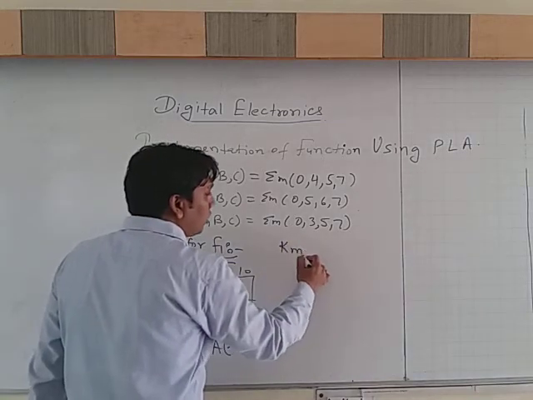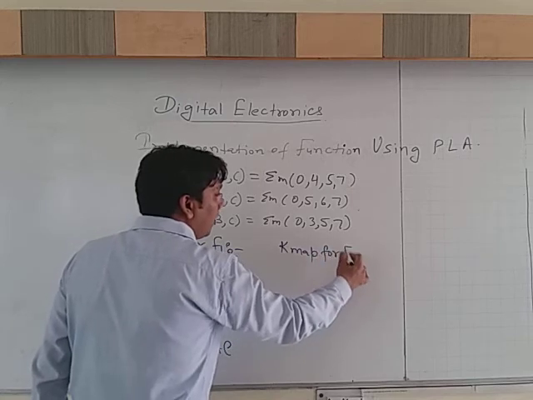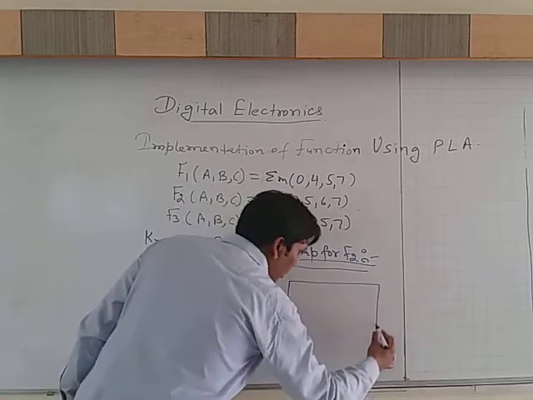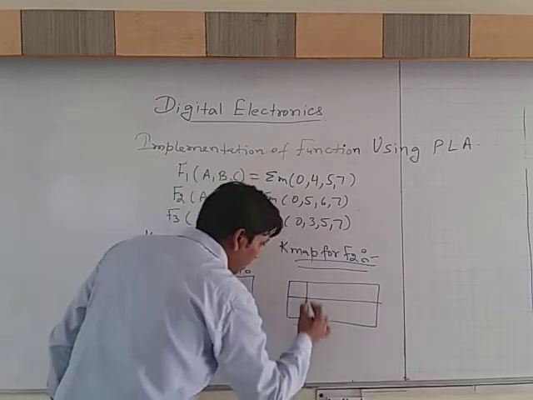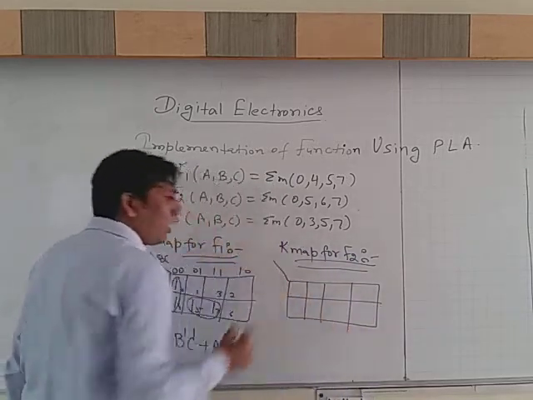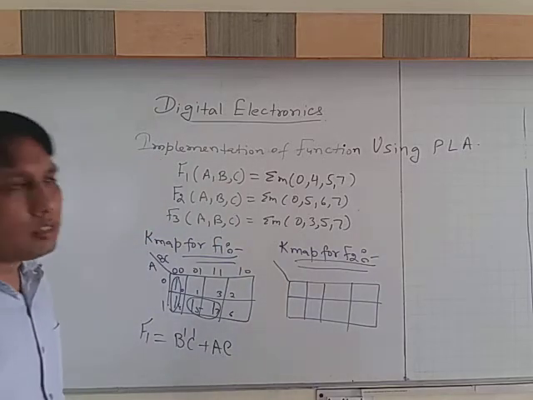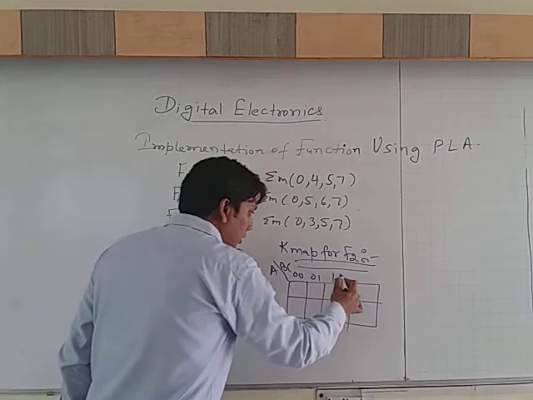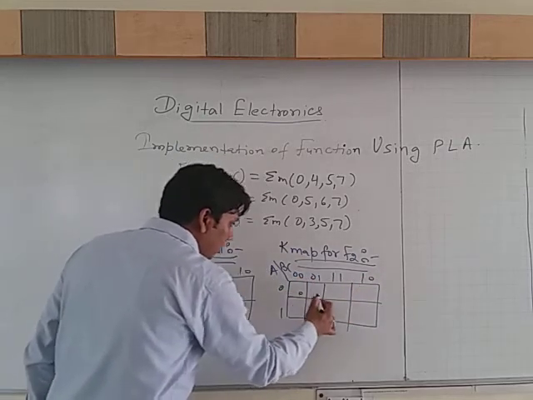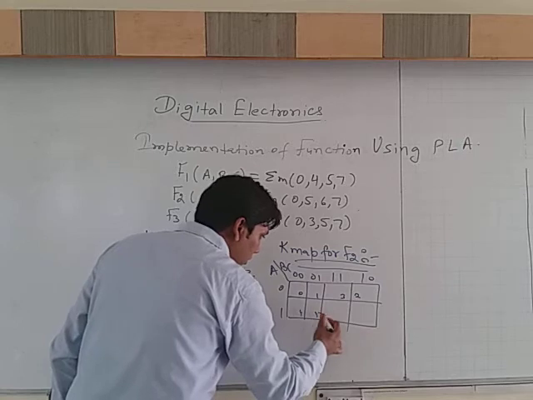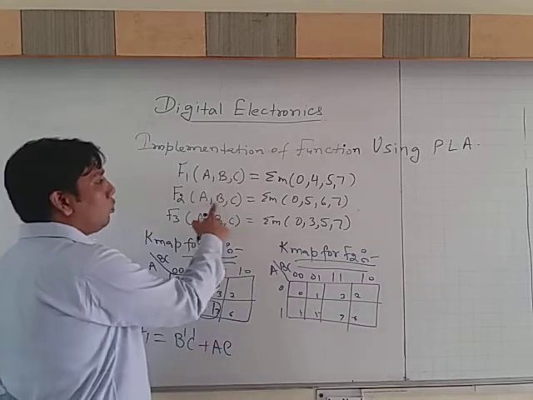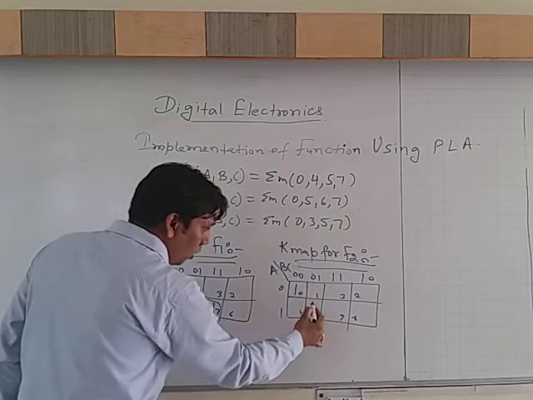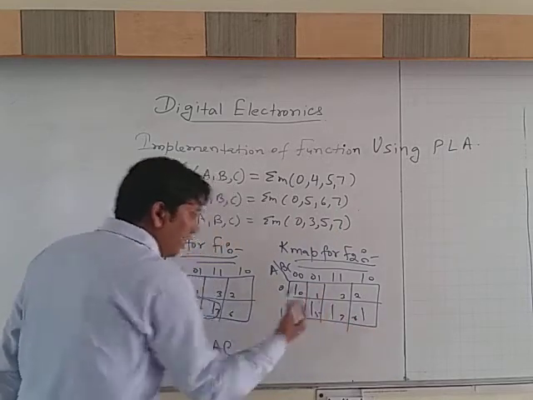Now we will draw the K-map for f2. The K-map of f2 will provide the value of f2. In f2 we have 0, 5, 6 and 7.